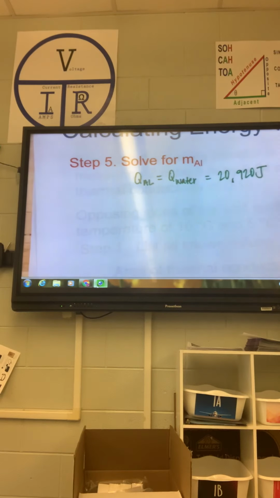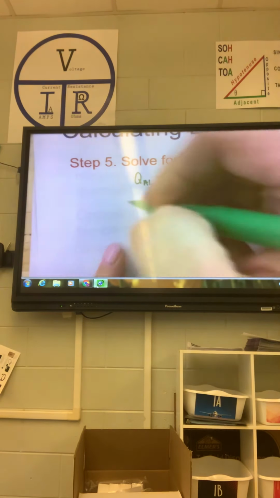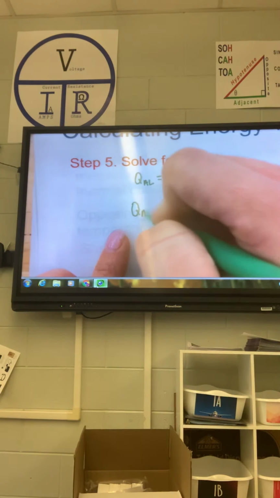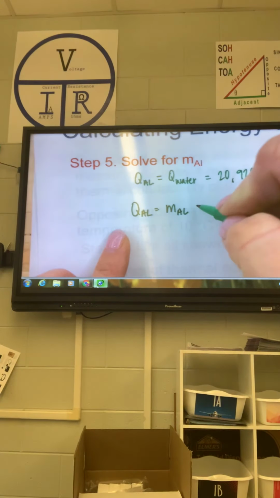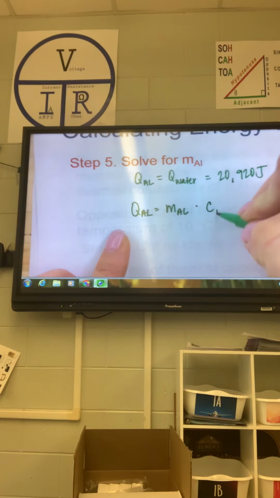You didn't really have to write that down, I just flipped to a new page, so I like to. So with that being said, this is the equation I'm gonna use. I'm only dealing with aluminum right now. I dealt with the water.